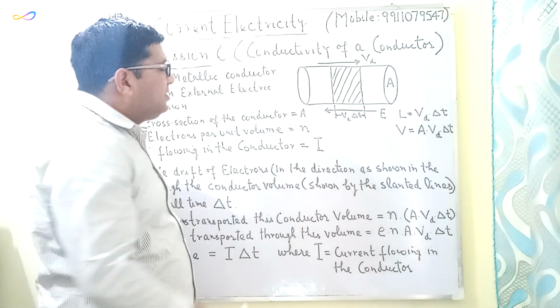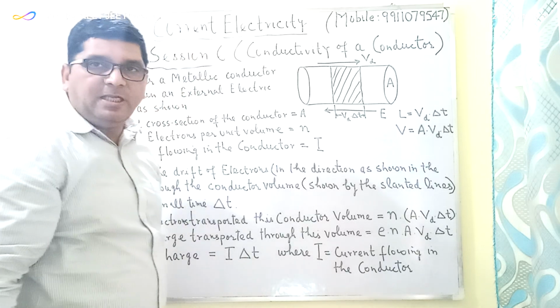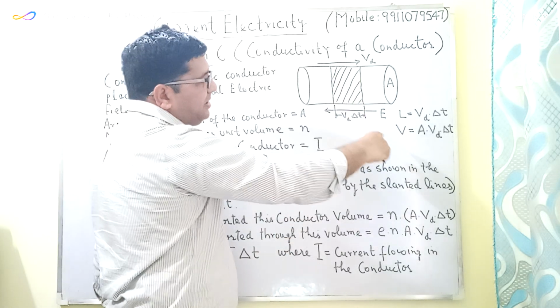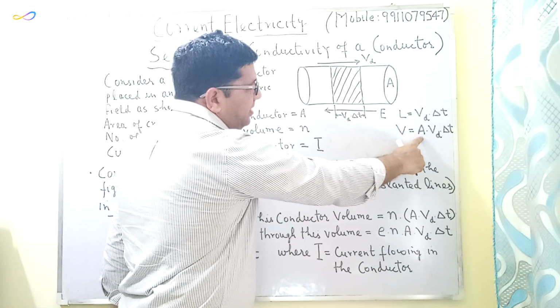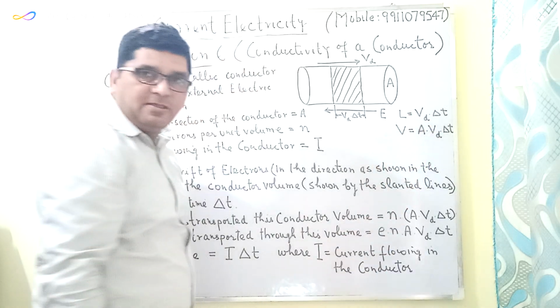The volume of this portion will be equal to A, the area of cross section, into the length, which is Vd into delta t.